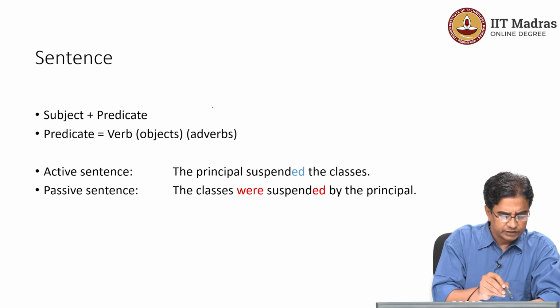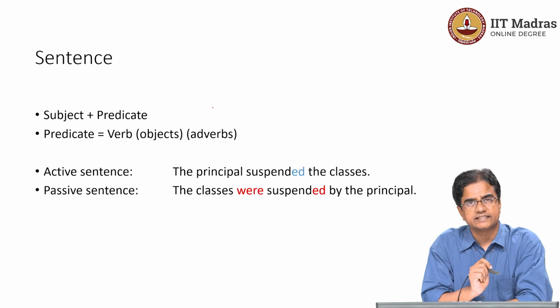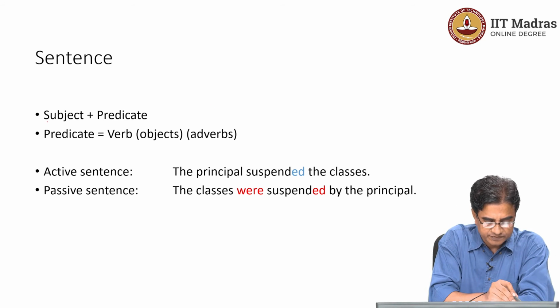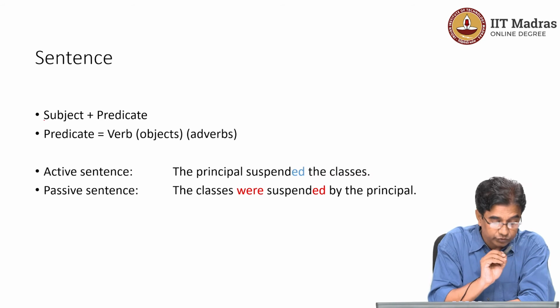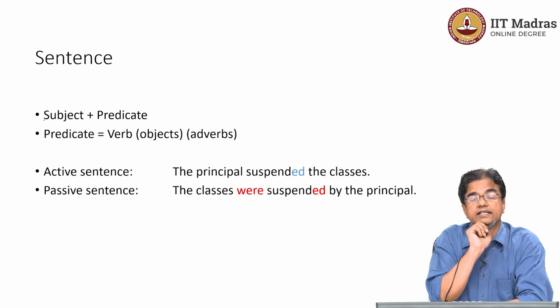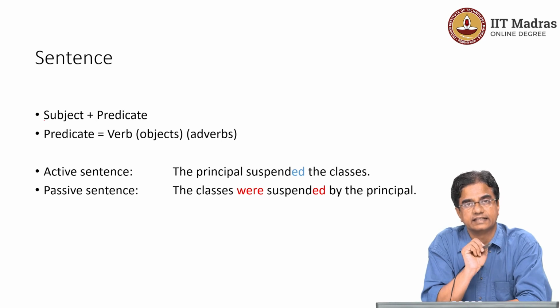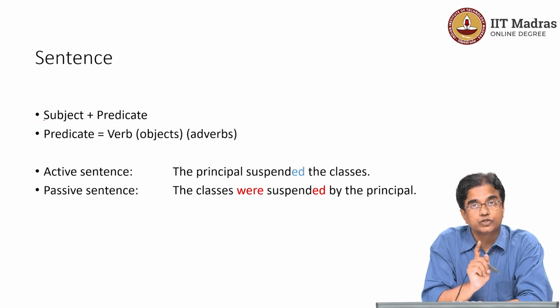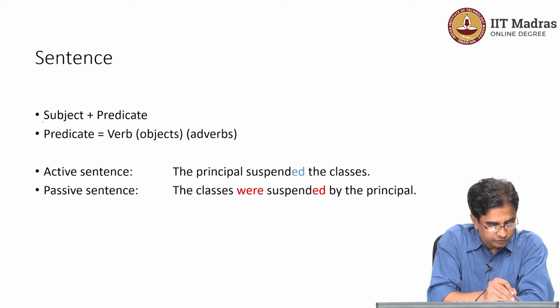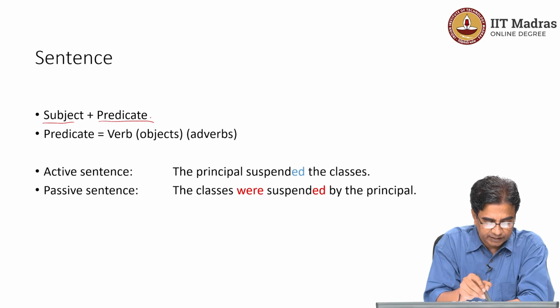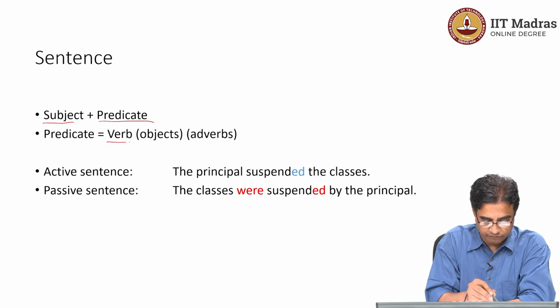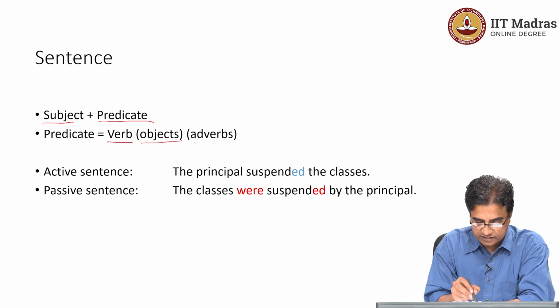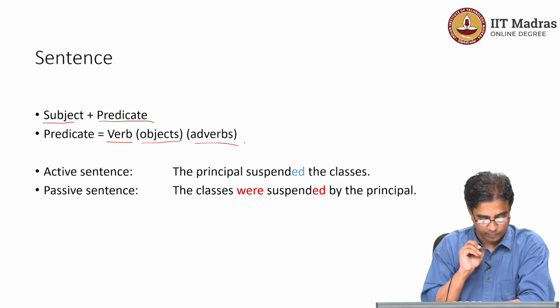Now, let's see. As I said, both active and passive are two different types of sentences. As far as sentence is concerned, they are sentences, but they are two different sentences. For both, we have a subject and predicate. In the predicate, we have a verb and we have objects and adverbs, as we know.